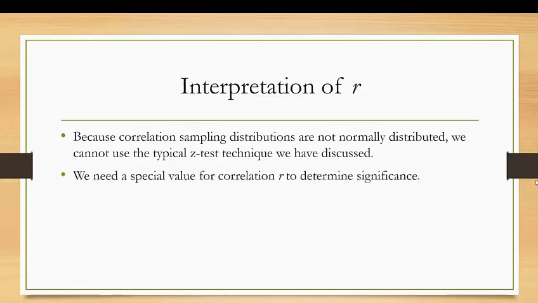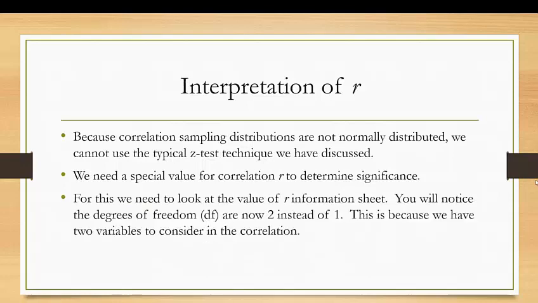So we need a special value for correlation for our rho to determine its significance. And then we're going to talk about how we can deal with the fact that correlation sampling distributions are not normally distributed. And we're going to kind of work around that. But let's first start by figuring out how we're going to see if this is significant or not. For this, we need to look at the value of our information sheet, and that's going to be on the next slide. It is included with this presentation.